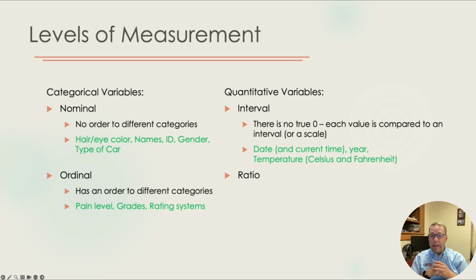Here's a great one: date. What day is it today? It is August 10th. We'll just say August 10th, which would be, I don't know exactly what day of the year that is, 230. Let's just pick day 230 of the year, whatever day that is.